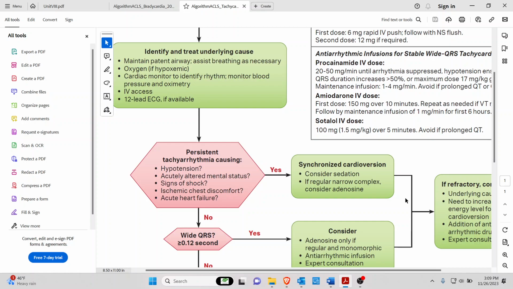Again, when people are stable, we're trying a pharmaceutical reset of that tachyarrhythmia. When people are unstable or symptomatic, we are going to the electrical reset option.